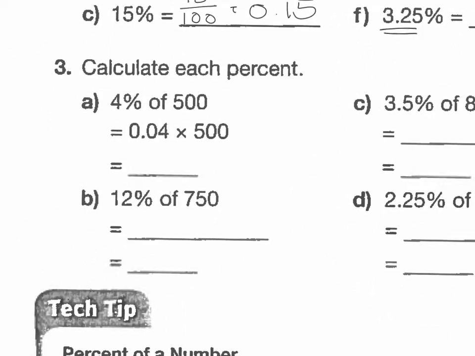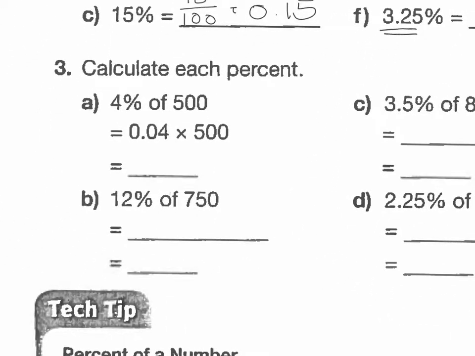Okay, calculating each percent. So 4% of 500, remember, if that's 4 over 100, that gets you to 0.04.